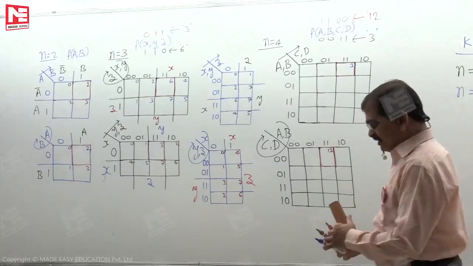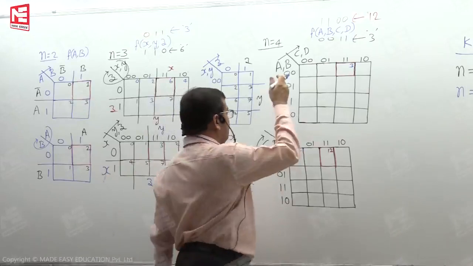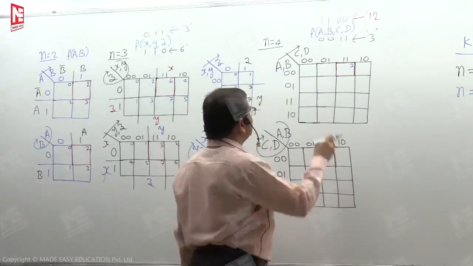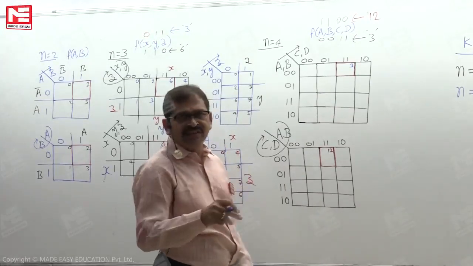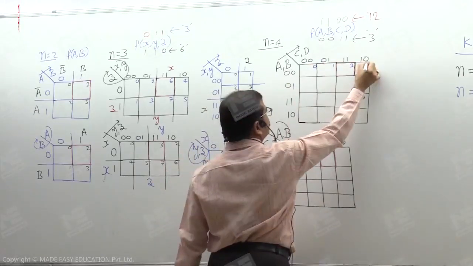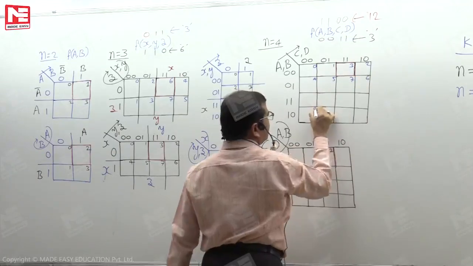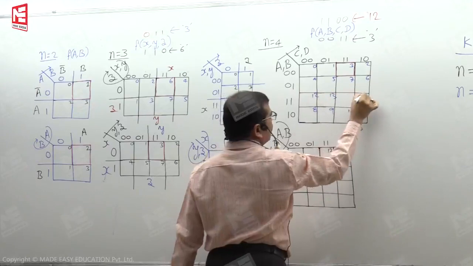So by this time you might have completed writing the cell numbers. AB are row headings. I was talking about 3 variable and 2 variable also. Once AB are row headings, A is MSB, so row wise you have to write the cell numbers: 0, 1, 2, 3, 4, 5, 6, 7, 8, 9, 10, 11 and so on.